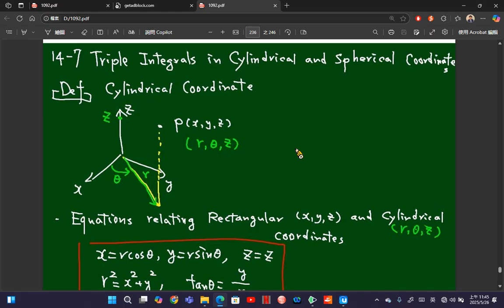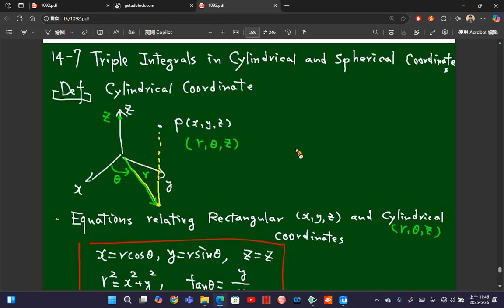x, y, and z. So if we follow the cylindrical coordinate system, it's simple, because in the past we can just convert xy into the r theta system. We just keep z the same, but for xy we simply replace it by r theta.